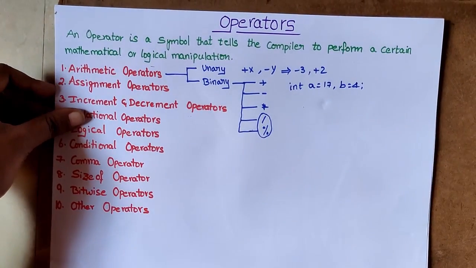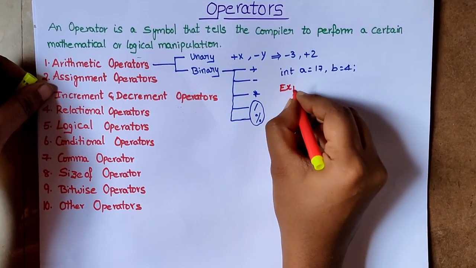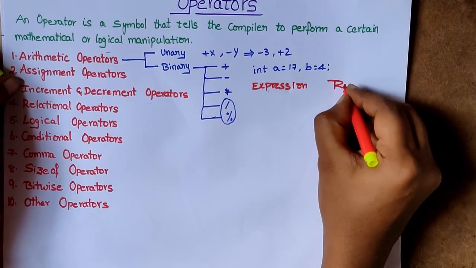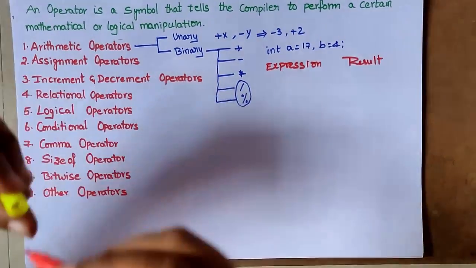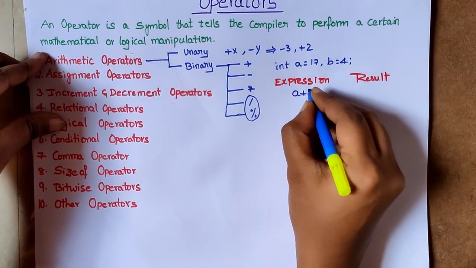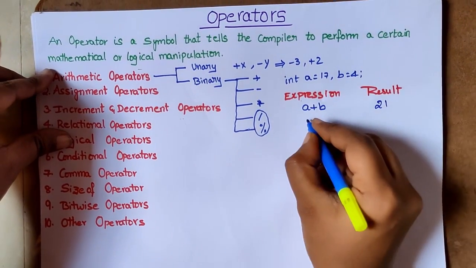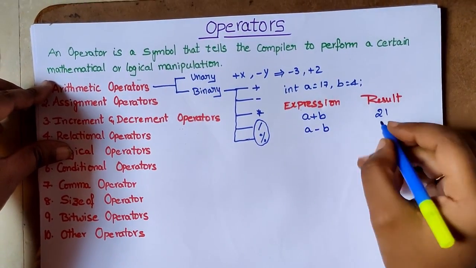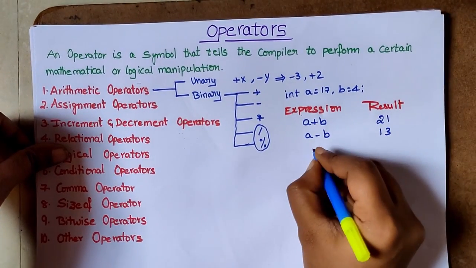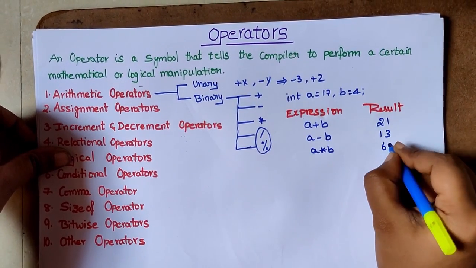First we write the expression and then the result. A plus b, what is the result? 21. A minus b is 13. And a into b is 68.